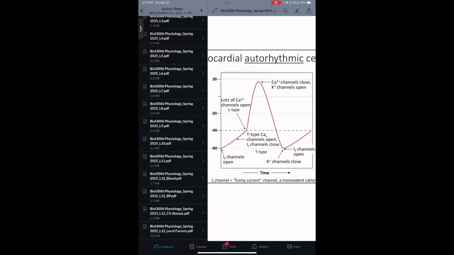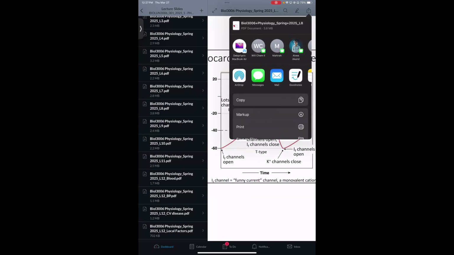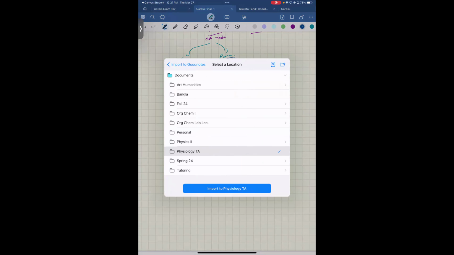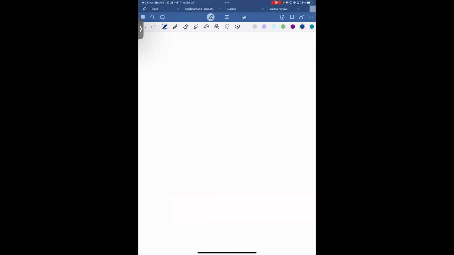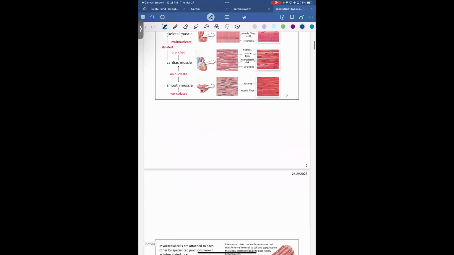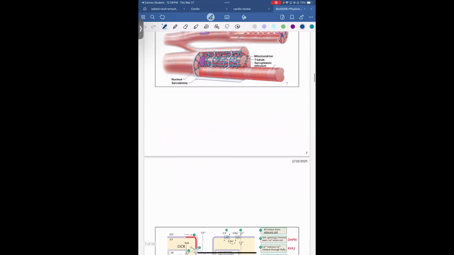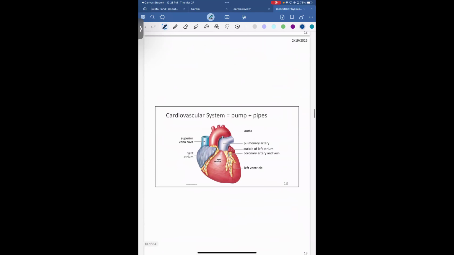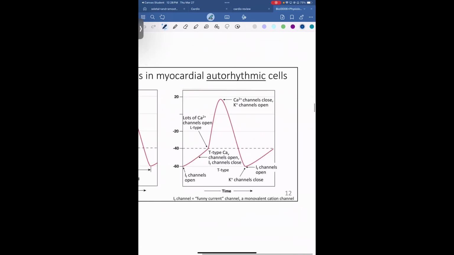Okay, I see. So in this case, I'm just gonna take this out so I can draw on it. The I-funny channels normally spontaneously open, it's just spontaneous activity that happens.